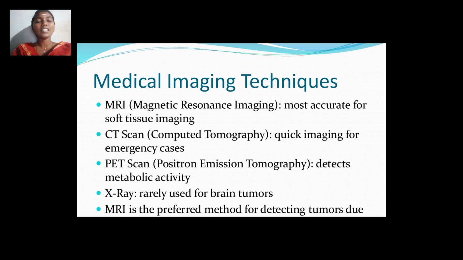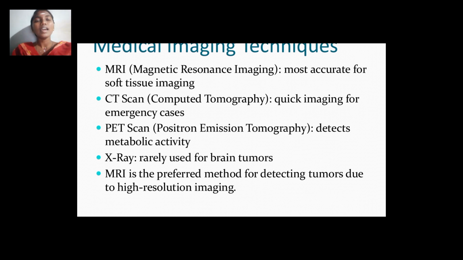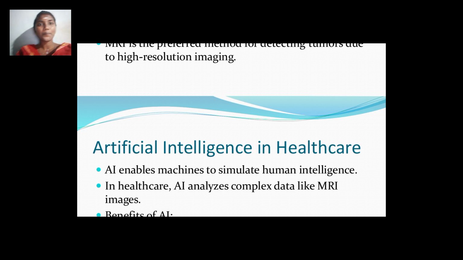And PET scan is positron emission tomography. It detects metabolic activity of the human body. X-rays are rarely used for brain tumors. X-rays are mainly used to detect fractures in bones. And MRI is the preferred method for detecting tumors because it has high resolution imaging.